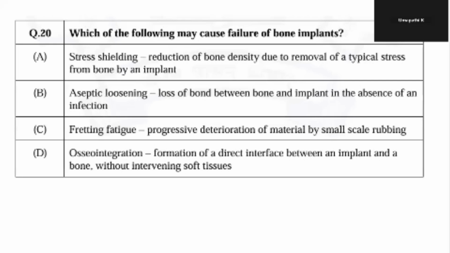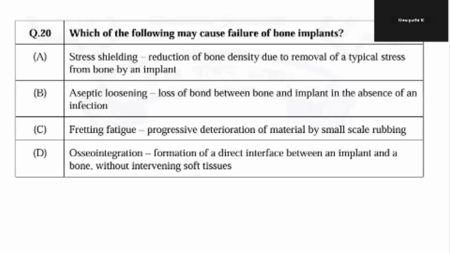When a bone implant bears most of the mechanical load, the surrounding bone experiences reduced stress, leading to a loss of bone density. It is also familiarly known as Wolff's law. This can weaken the bone and potentially cause implant failure. This is one reason that can make our bone implants fail.